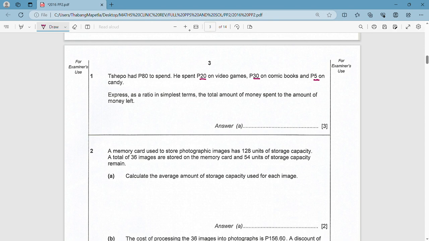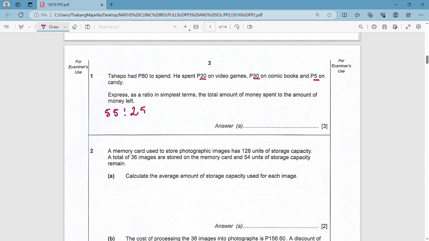So money spent is 55. Money left is going to be 80 minus 55, which is 25.